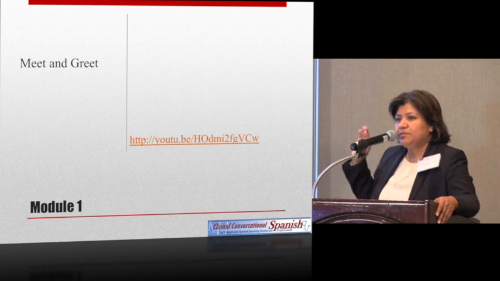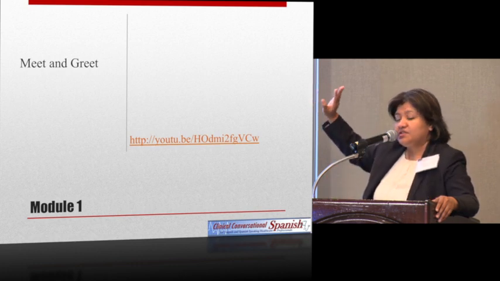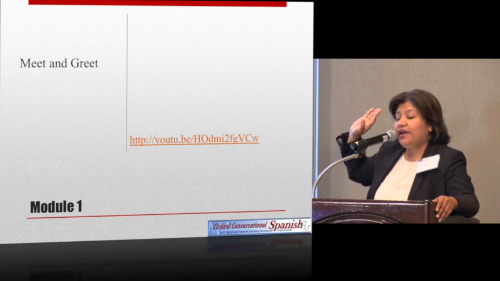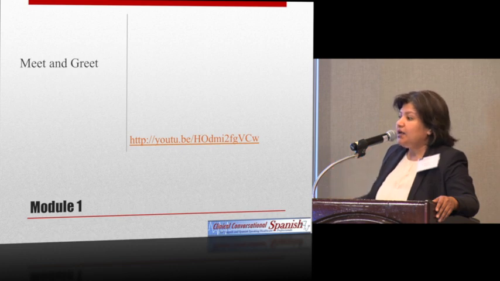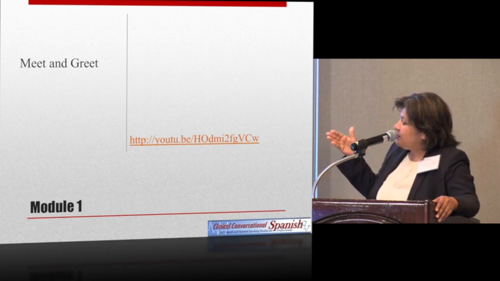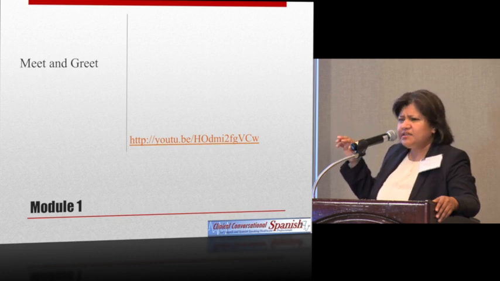This is actually just a part or a minor component of the entire module. The module has sections where the student comes in and will learn all of the Spanish terminology, all of the examples of how to meet and greet, and then a practice section of a variety of sentences, a variety of ways to meet and greet, and then a practice section of, I think it's quizzes, right?